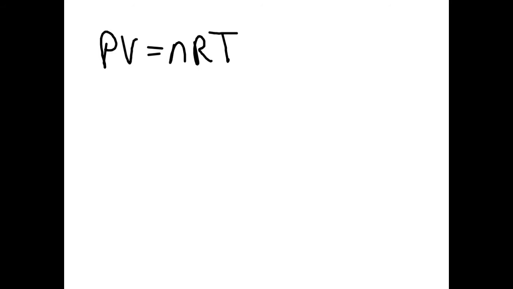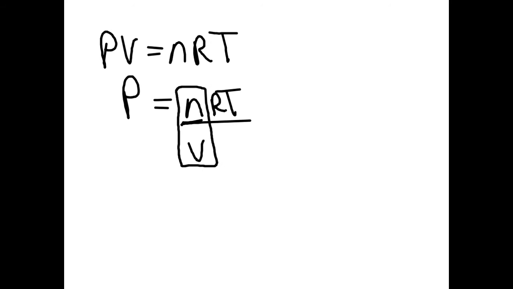If I solve for the pressure, it's nRT divided by V, or in other words, the moles divided by the liters, which is the volume. So P equals moles per liter, molarity, RT. The osmotic pressure is equal to the molarity RT. That's how they got that equation.